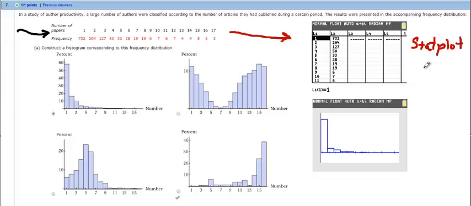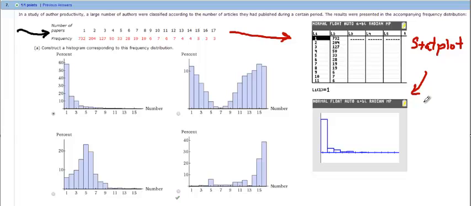Then I chose plot 1, and I chose the fact that I wanted my L1 to be my values and my L2 to be my frequency, and then I chose the box plot or the histogram here, and then I told my calculator to graph. Remember that frequency will be your list 2. That's one of the things that would be key.